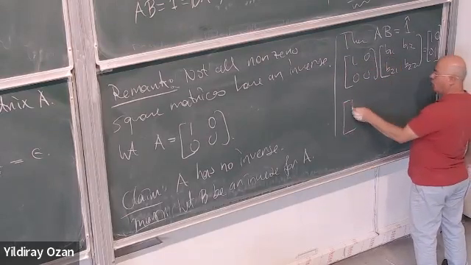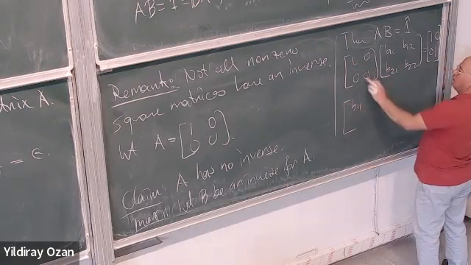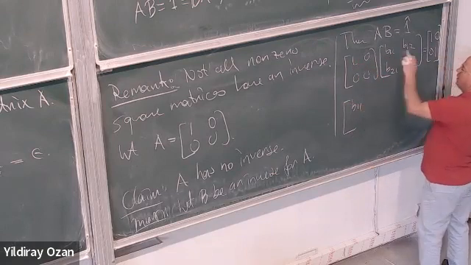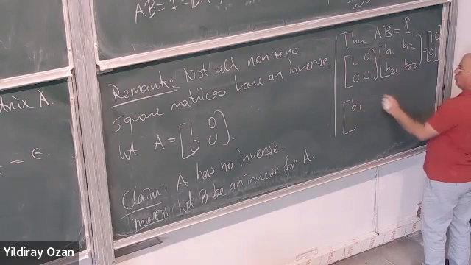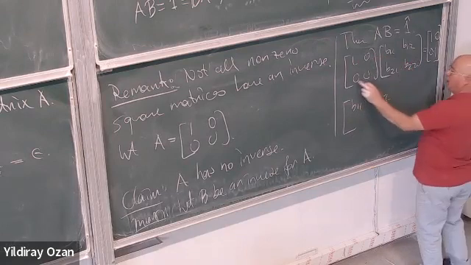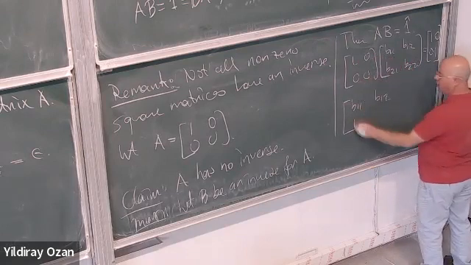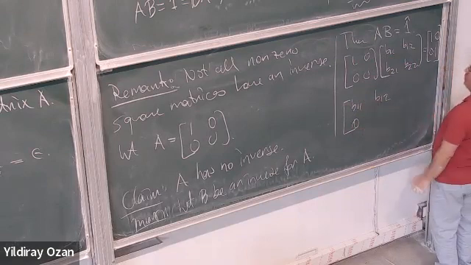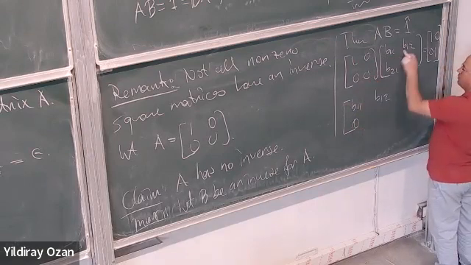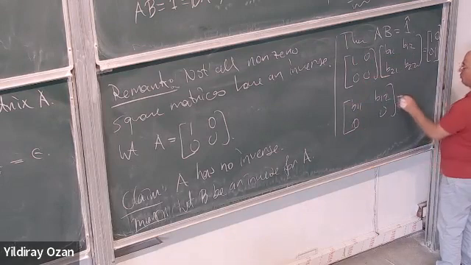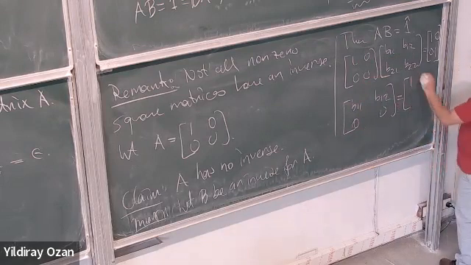B11 plus 0. So I have B11. And then B12 here. And then 0, 0. I have 0 here. And 0, 0, another 0. So this is the same as 1, 0, 0, 1.